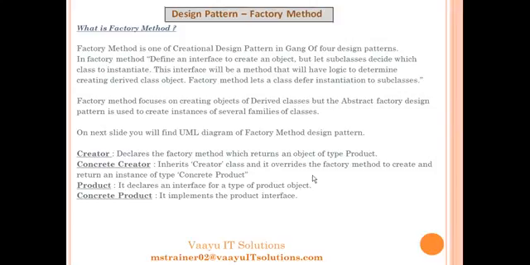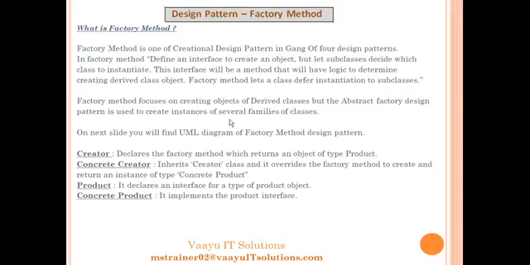So the factory method creates the instances of the derived classes, but abstract factory creates the instances of the family of factories. Factory method focuses on creating objects of derived classes, but the abstract factory design pattern is used to create instances of several families of classes.